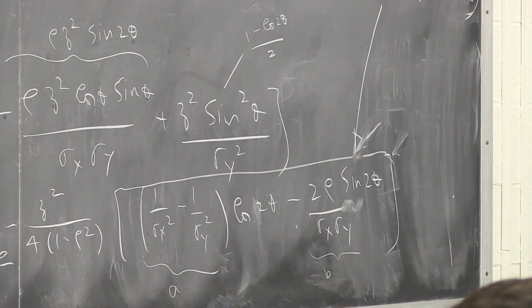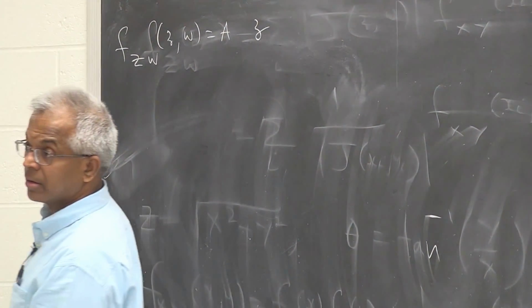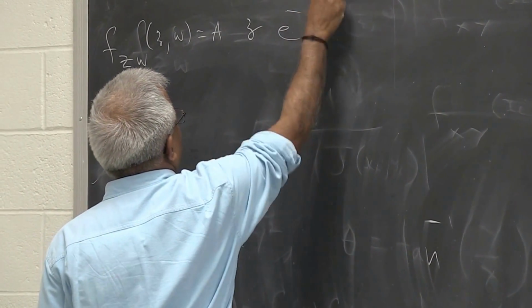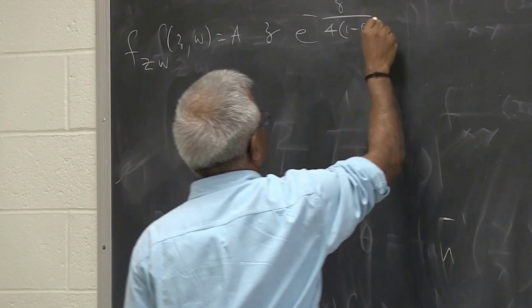So the joint density function of Z and W turns out to be A z e raised to minus. So you can see what a mess it is if you relax some of these conditions.